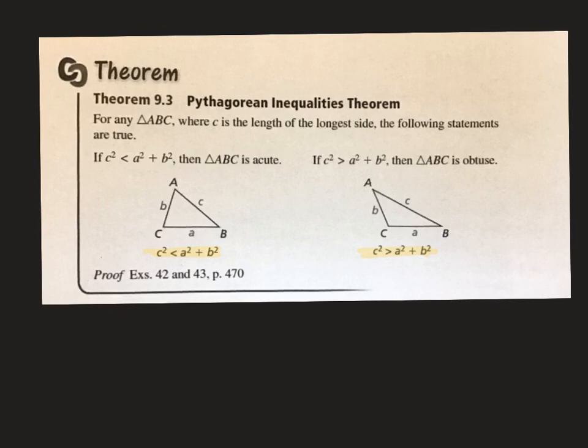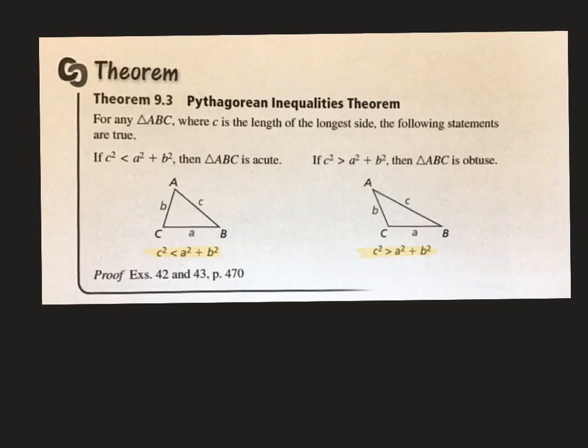So when Pythagorean theorem does not work and your hypotenuse, your C value, is smaller than your two legs added together, then it's going to be an acute triangle.